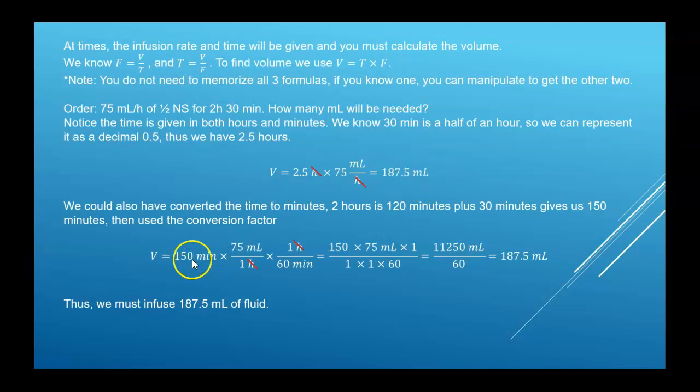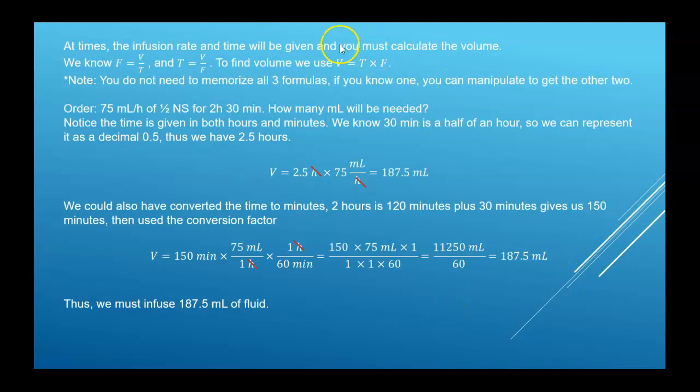So see here, 150 minutes. 2 hours is 120 minutes, plus 30 is 150 minutes. We could have converted 150 minutes, use a conversion factor, 1 hour per 60 minutes. Multiply across the top, 150 times 75, and on the bottom is 60, and you still get the same answer, 187.5 milliliters.